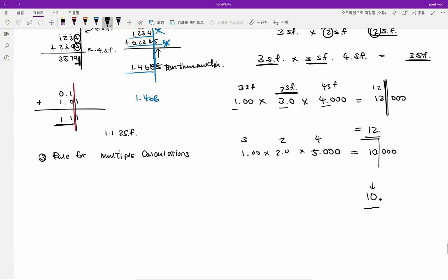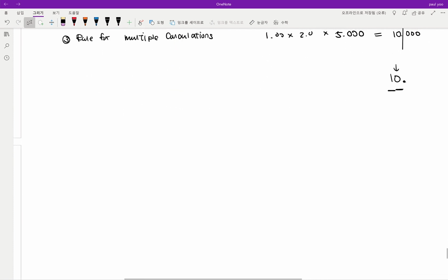The rule for multiple calculations is that you only apply the rounding at the end. So for example, let's say you're doing some additions first. You're going to add 1.000 plus 2.000.